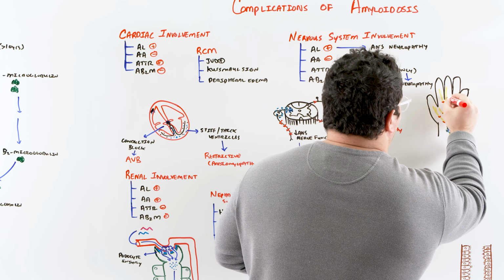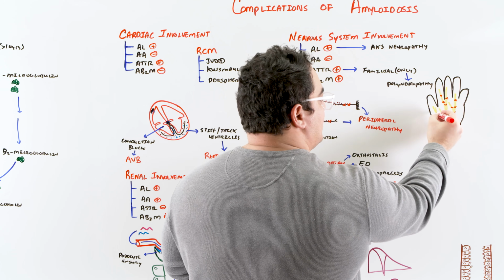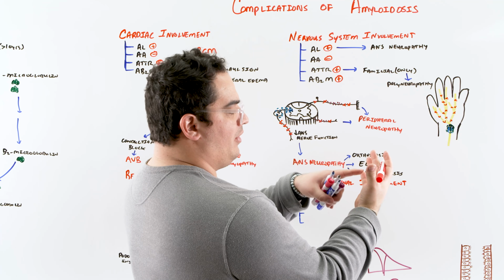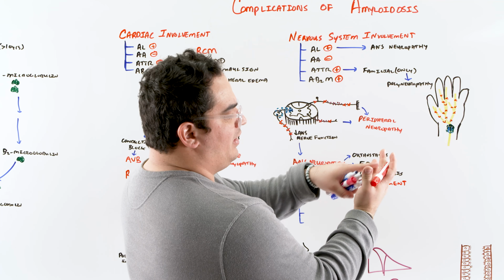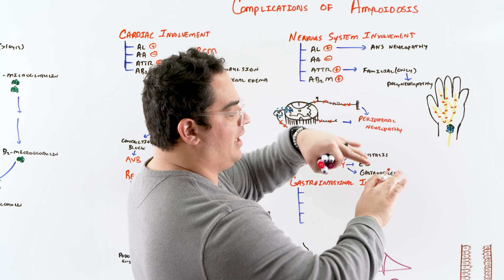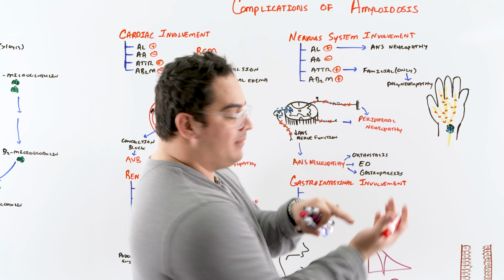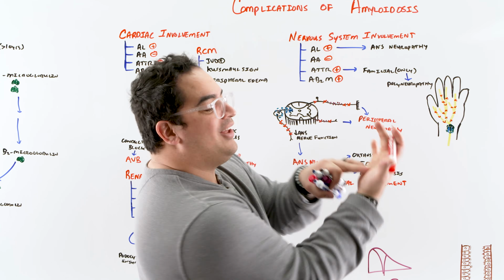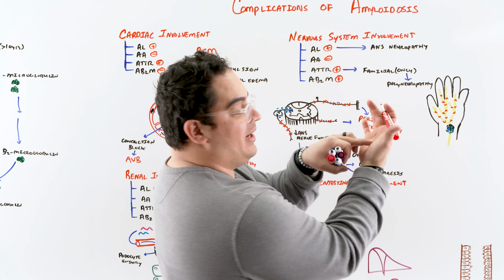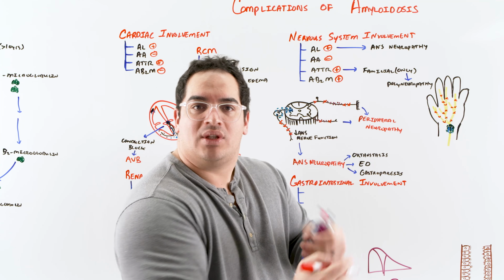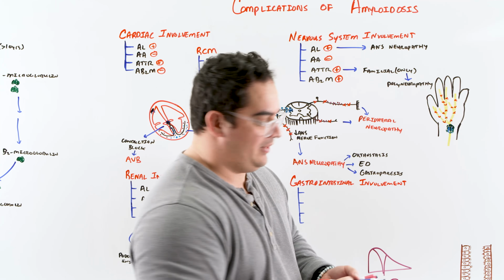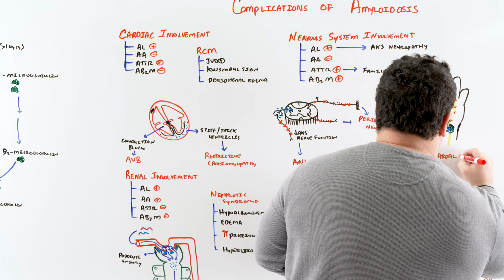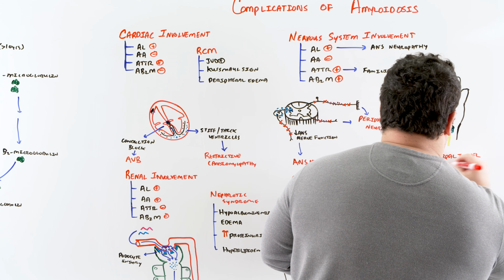No. This is going to cause maybe some numbness, some tingling, some paresthesias of that division, usually of the thumb, the pointer finger, the middle finger, and then some parts of the ring finger, right? And then on the back side, on the back of the digits. And then sometimes the muscles here can become a little bit weakened, so you lose some grip strength, and the worst case scenario is the thenar eminence becomes a little bit more atrophied. What's that called? Carpal tunnel syndrome. So this can lead to carpal tunnel syndrome.